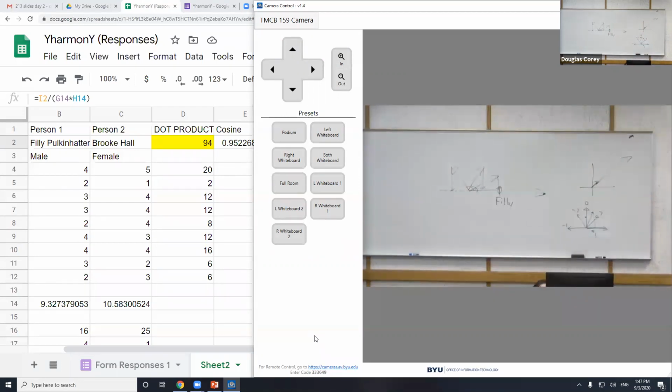Yes. So is there such a thing as like dot product, same dimensional? There is a matrix multiplication that we will get to. It's not the same.